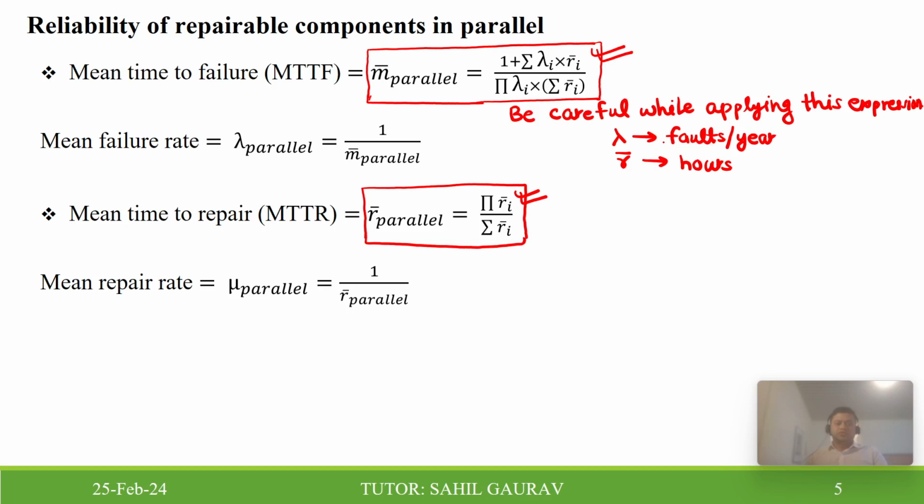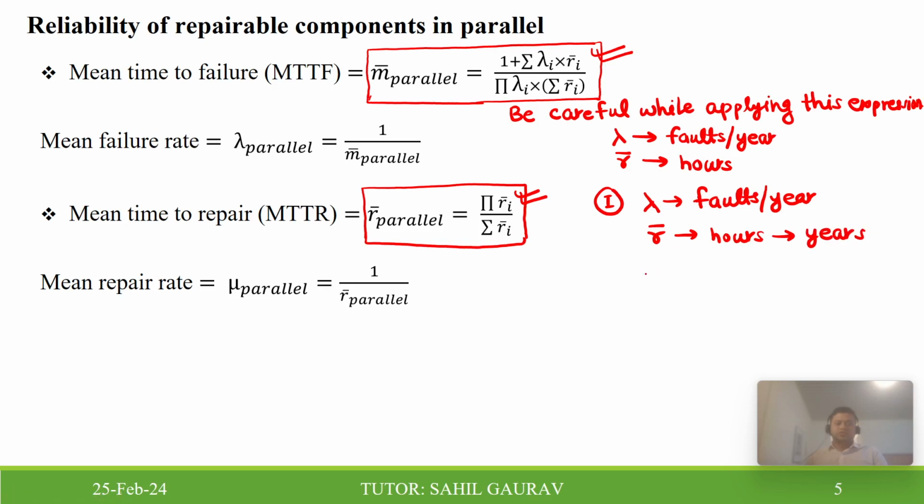That causes a problem. So what is the thing? You have to convert either lambda into faults per hour, or convert R bar into years, so that the units cancel out and you get the mean time to failure properly. In the first case, if you keep lambda in faults per year and convert the given R bar from hours into years, you convert this mean time to repair in terms of years.